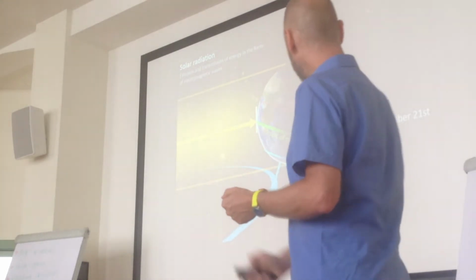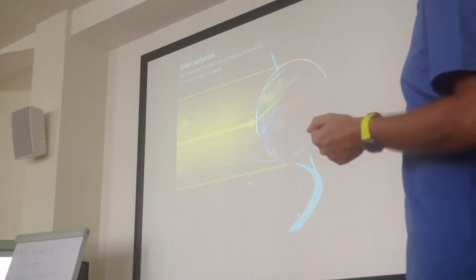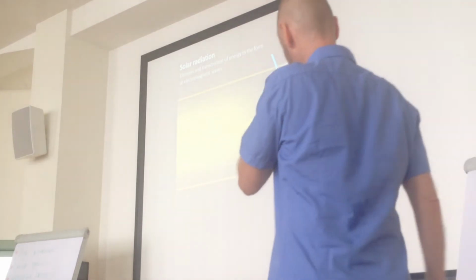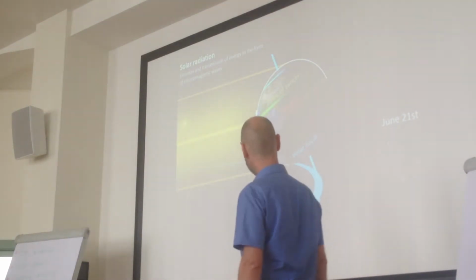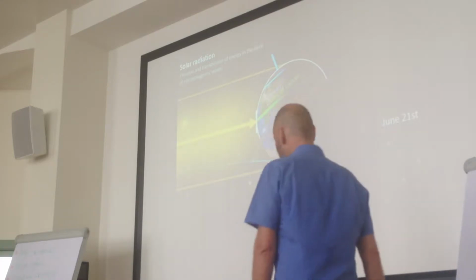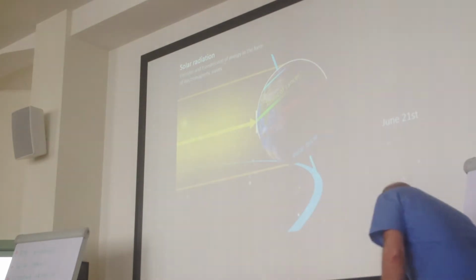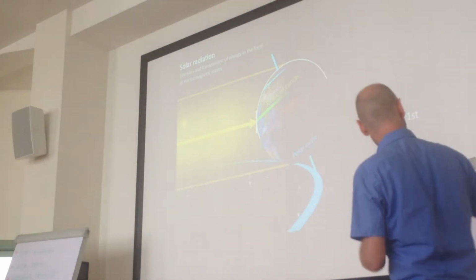The completely different situation is occurring on the 21st of June, where the northern hemisphere is exposed to the sun and the southern hemisphere is averted from the sun. And now, the relationship between the solar constant and the angle of incidence goes like this, yeah?